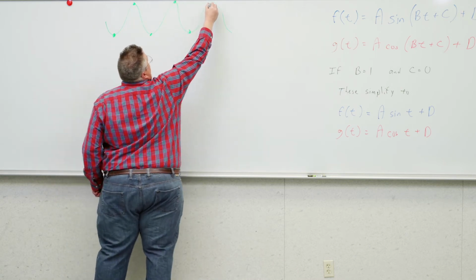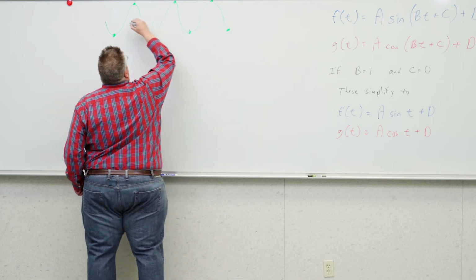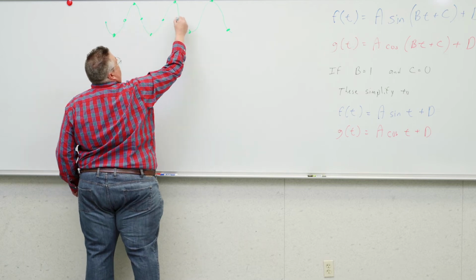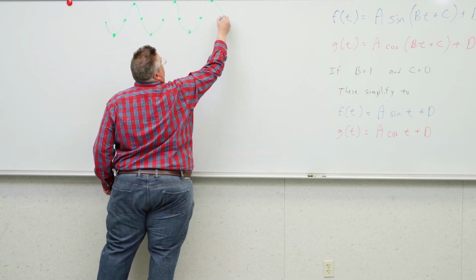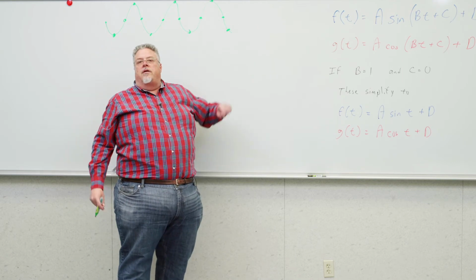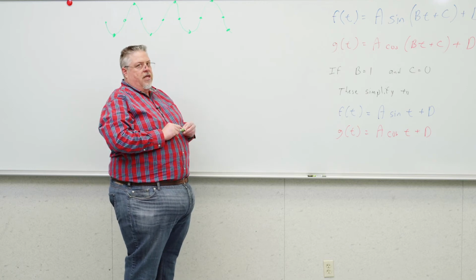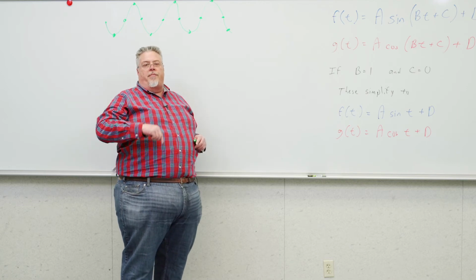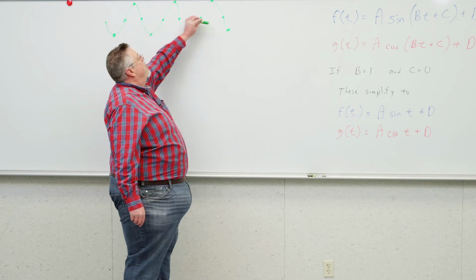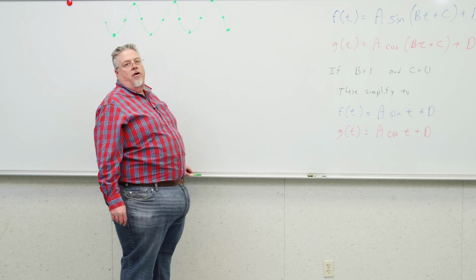These are the points I'm hoping to graph, and even the midpoints. And then knowing that the general shape is this kind of wavy thing, I don't need to get all the detail in between that you did on the last assignment when we graphed sine of t and cosine of t. If I know the general shape is a wavy thing, and I've got the midpoints, the high points, and the low points, I can draw a graph.